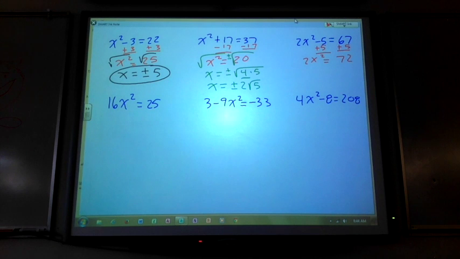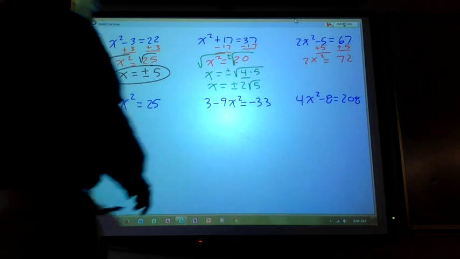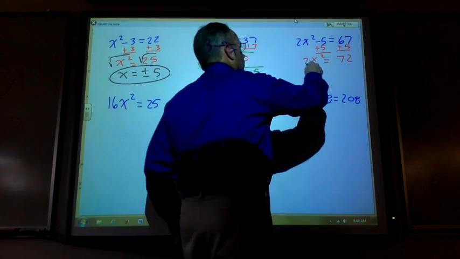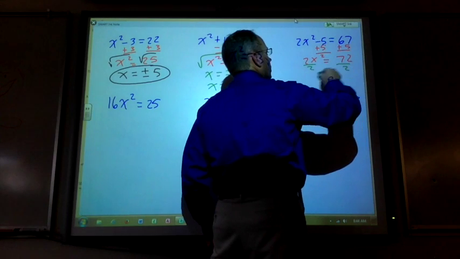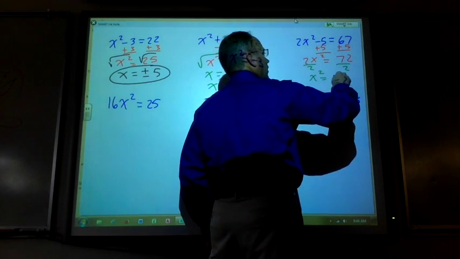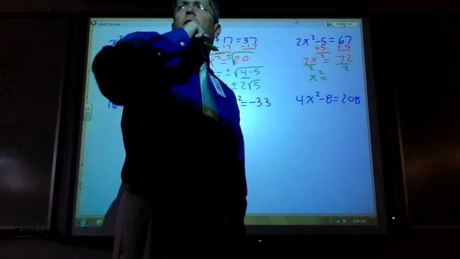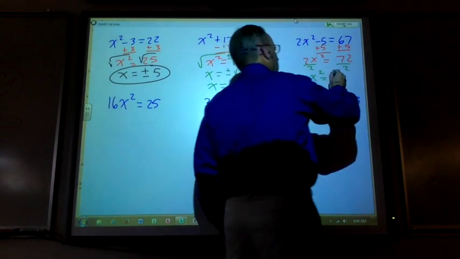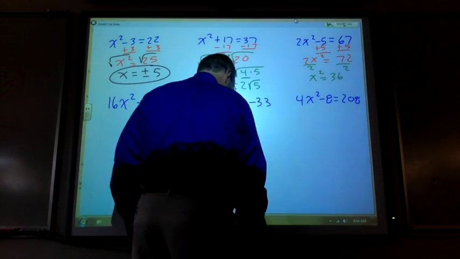Well, 2 and x squared are being held together by multiplication. So what undoes multiplication? Divide. So I'm going to divide both sides by 2 first. So 72 divided by 2, I think, is 36.